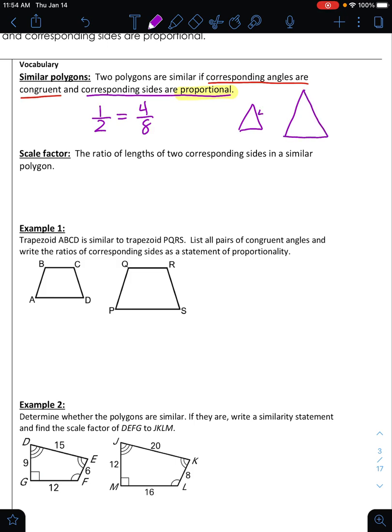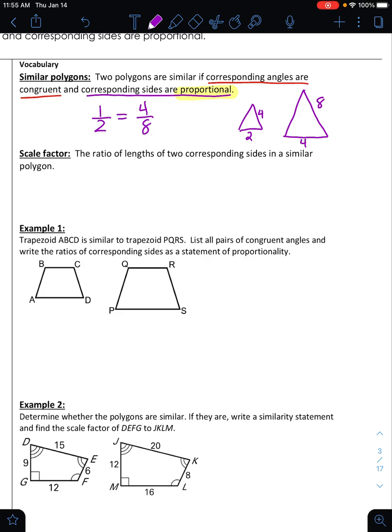If the side length here of this triangle were 4, let's say these triangles are similar, and the side length of this second one is 8, well, 4 and 8 would be proportional to, let's say, a second side that is 2 and 4. Do you see how it's almost like the second triangle is twice as big as the first? So we're going to talk about that type of thing throughout the whole unit.